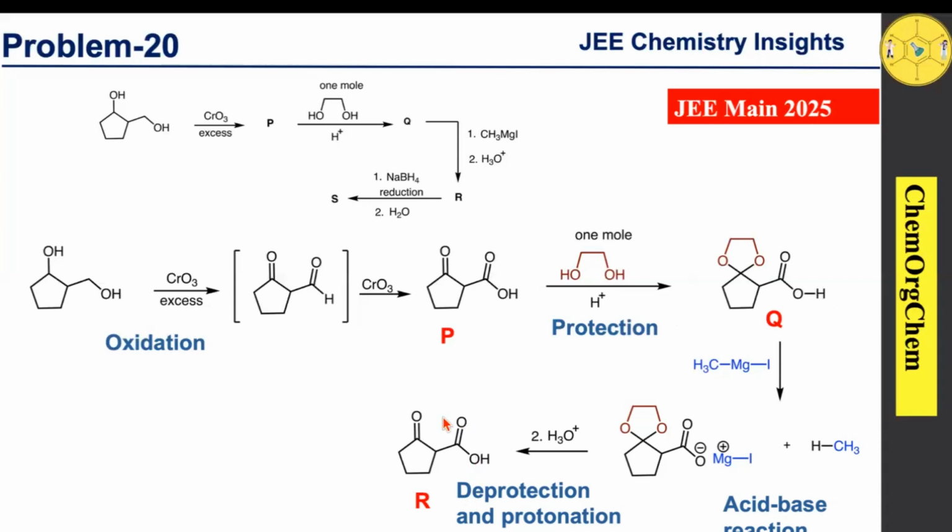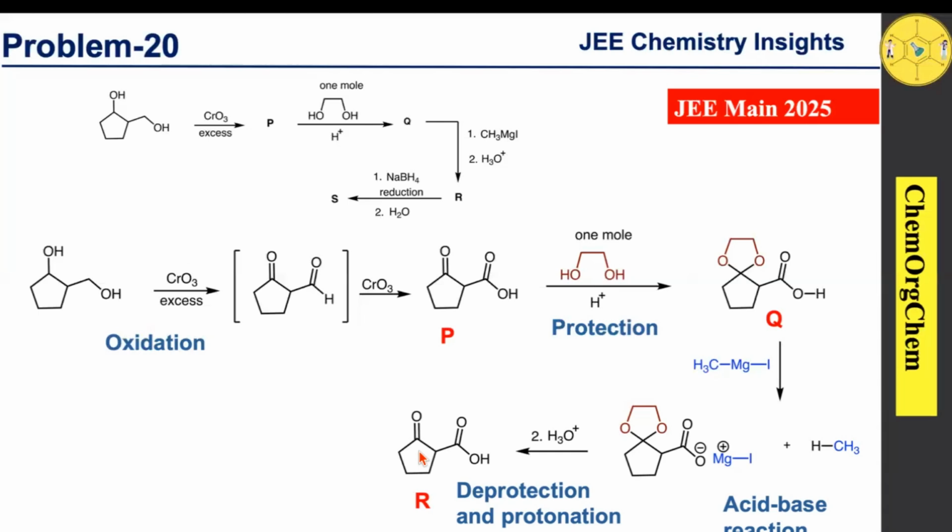So finally, this R is treated with sodium borohydride, which is a mild reducing agent that selectively reduces aldehydes and ketones to primary and secondary alcohols respectively. Now you see our R intermediate contains only the keto functional group.